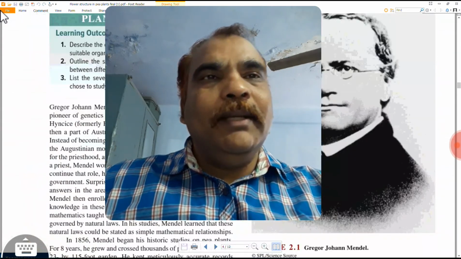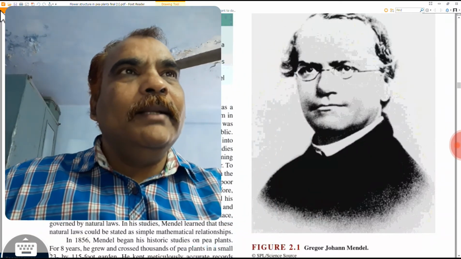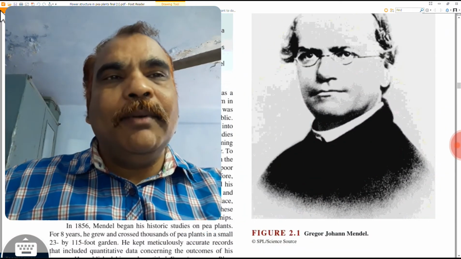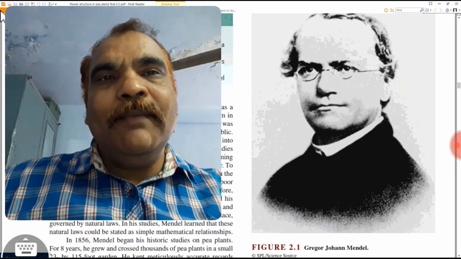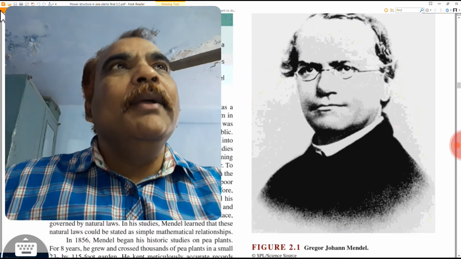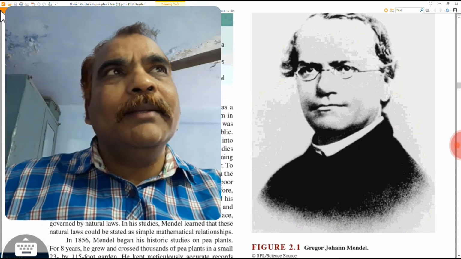Here you can see on the right hand side Gregor John Mendel, and Mendel is known as the father of genetics due to his research in the field of genetics.